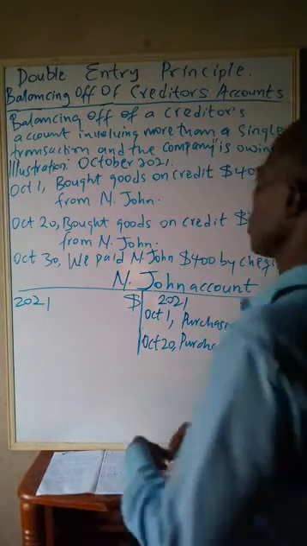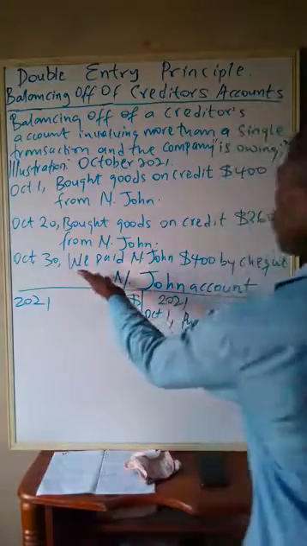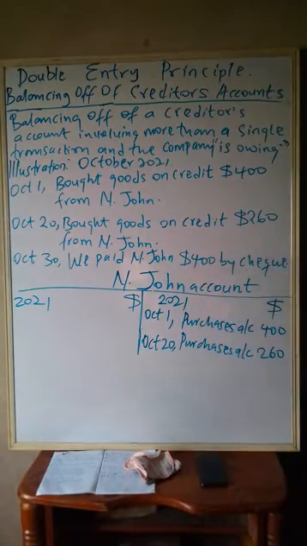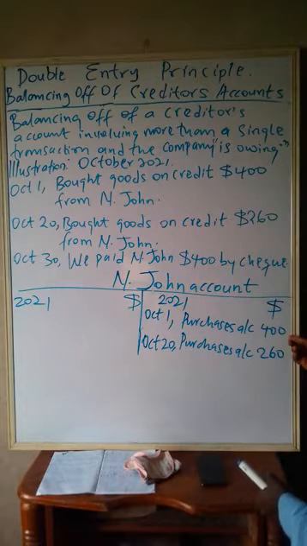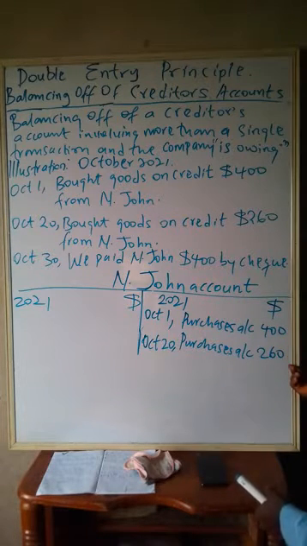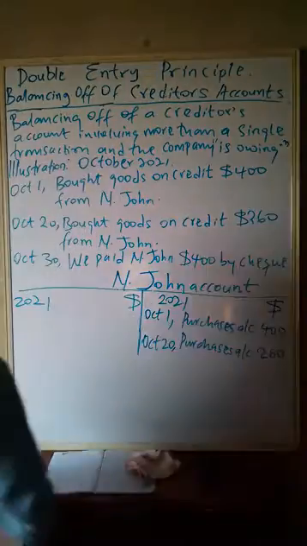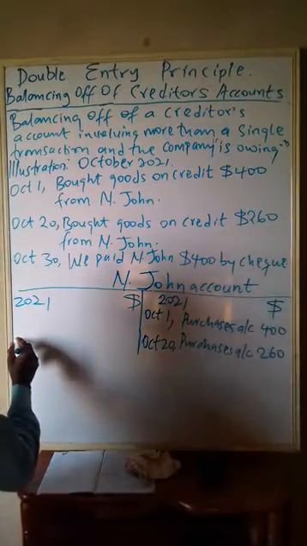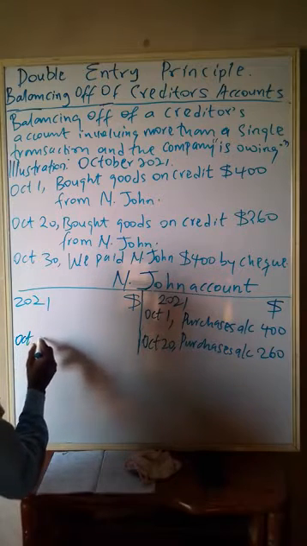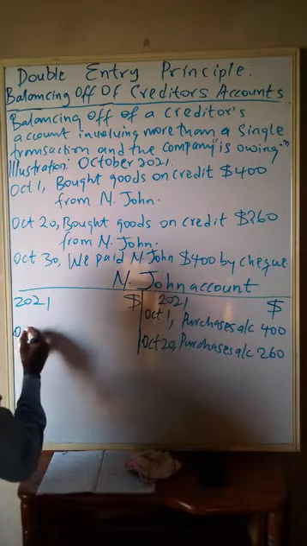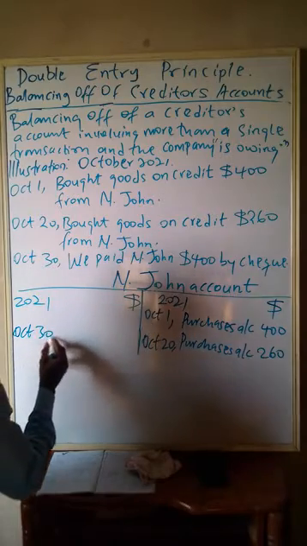Then we are told that we paid John $400 by check. We pay him out of this 660, 400 plus 260, making 660. We now pay $400, so we reduce on the debit side, October 38th.